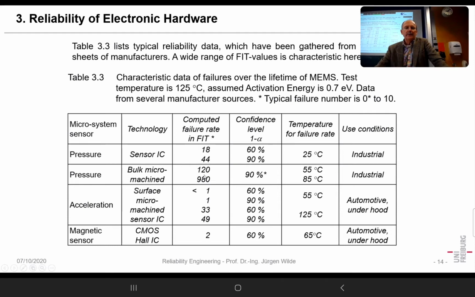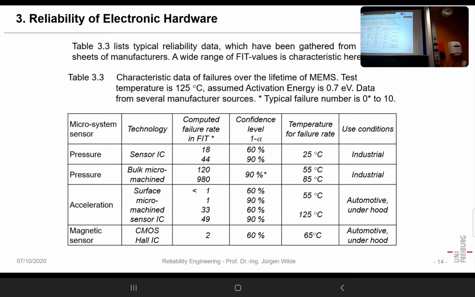That was from a small manufacturer, and he gave us conditions of testing, but they had no failure. And even for no failure, based on the effort of testing, you can specify a failure rate with a certain probability that it is true.